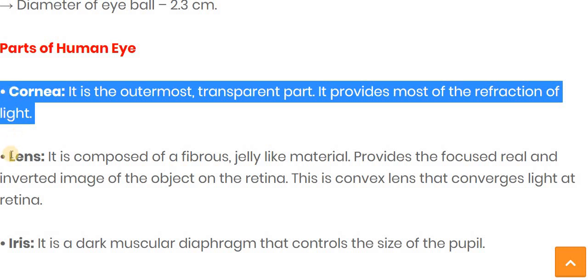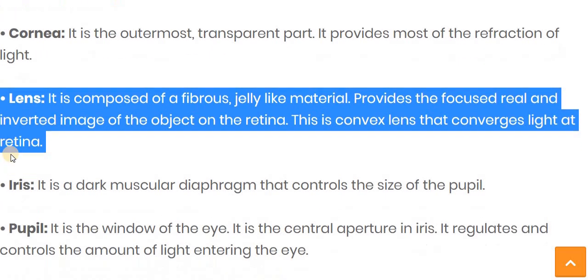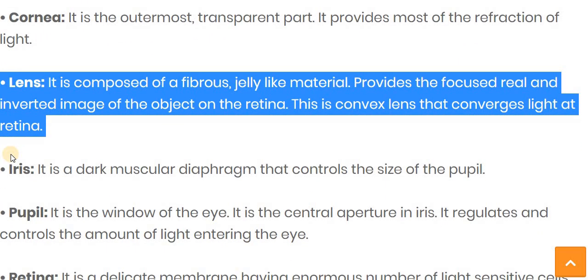The second part is the lens, a fibrous jelly-like material, and the function of the lens is to provide a focused, real and inverted image of the object on the retina. The retina, where the image is formed, works like a screen in our eyes.